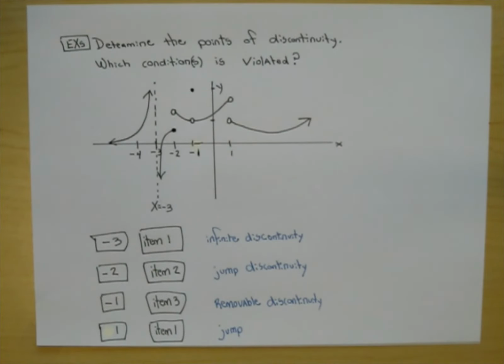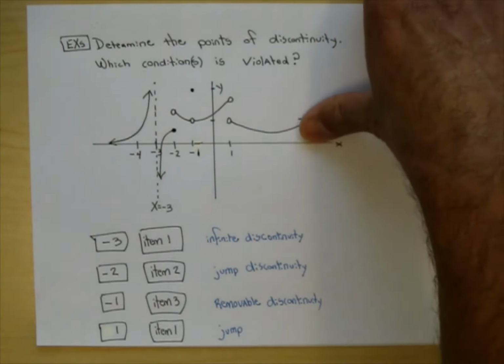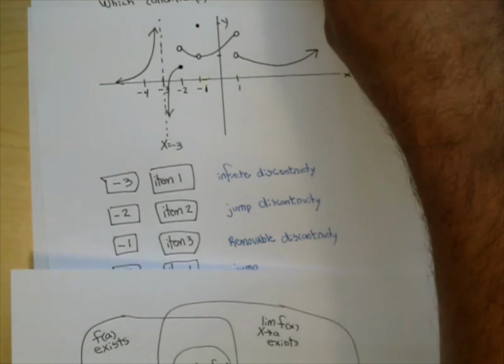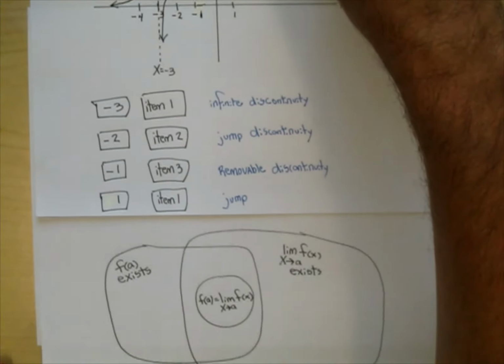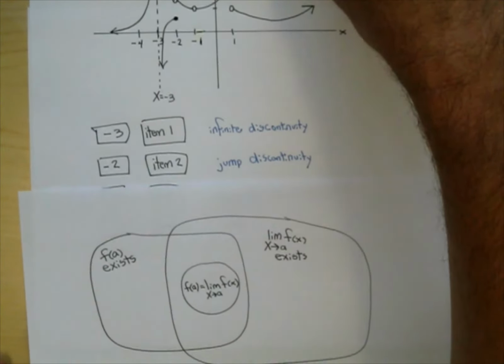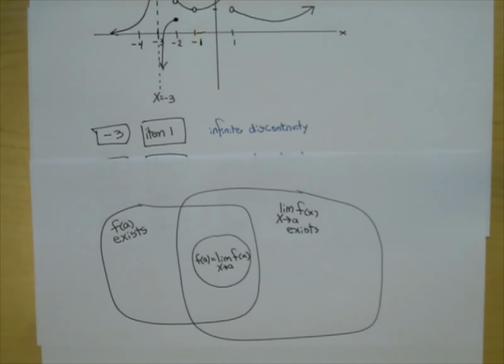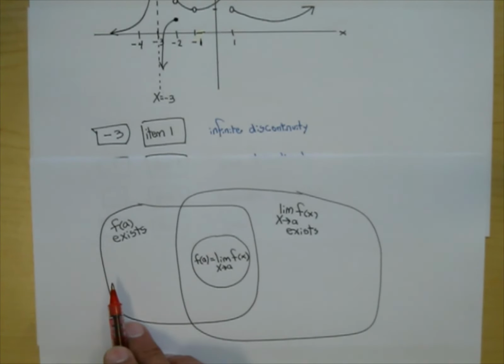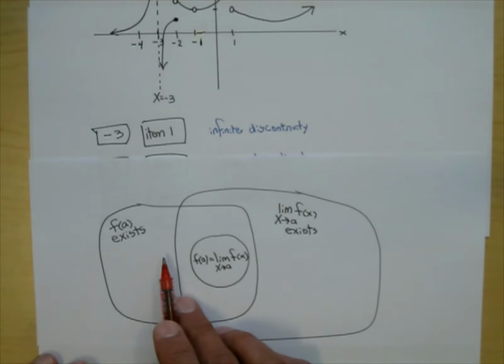What we want to do also is take a look at this Venn diagram here. This Venn diagram looks like that. I don't know how to do this. I guess we'll just do this here. So let's just take a look at and put some things in here.